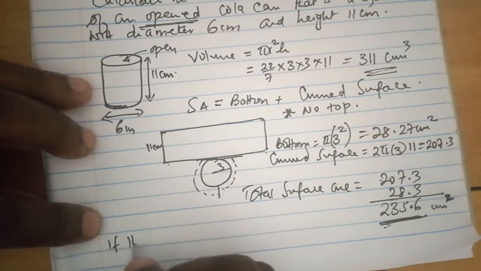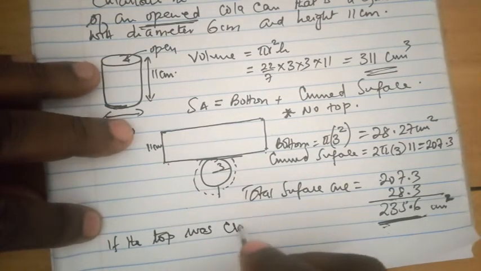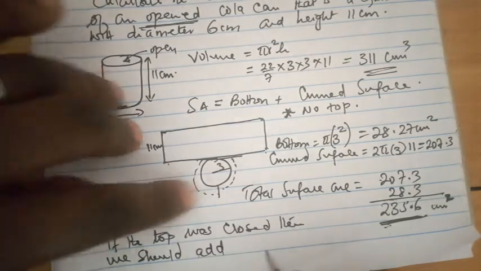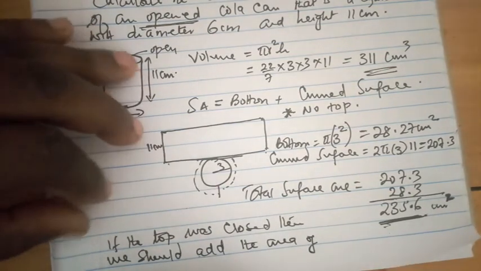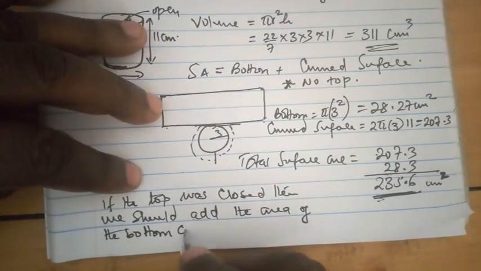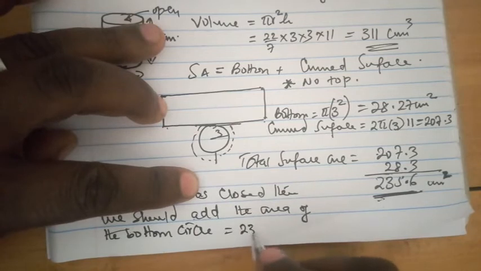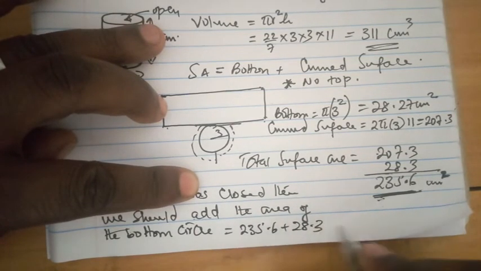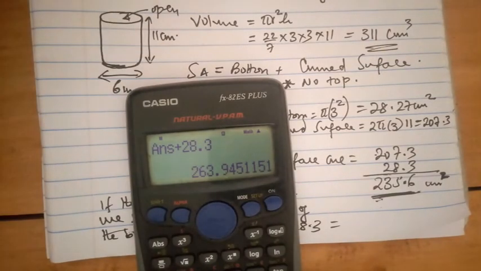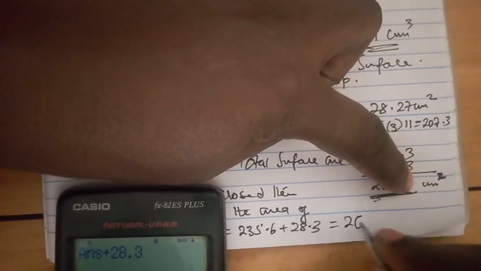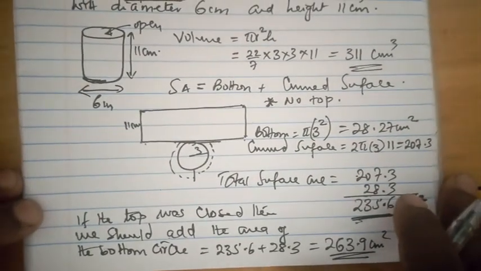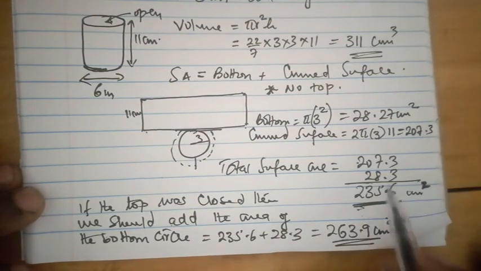If the top was closed, then we should add the area of the bottom circle, meaning it should be 235.6 plus 28.3 to give us 263.9 centimeter squared.